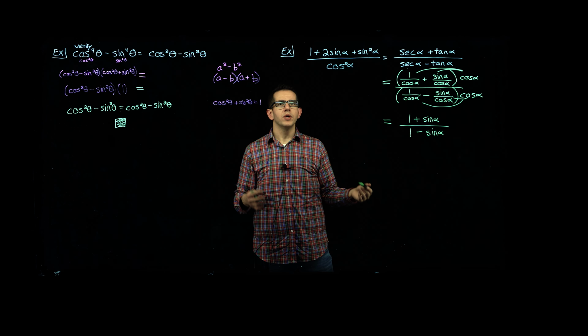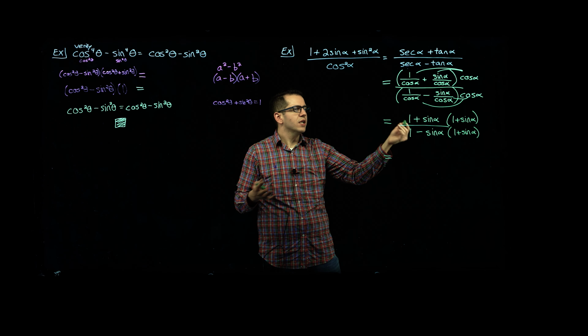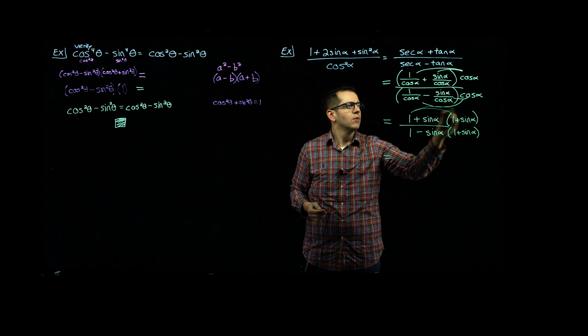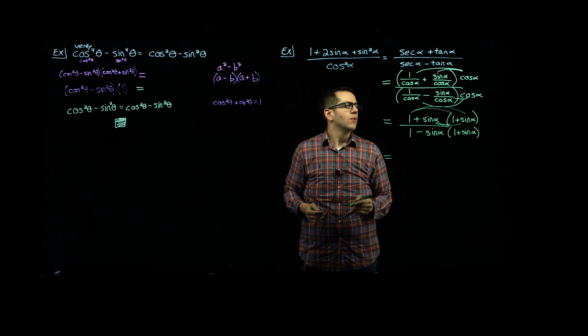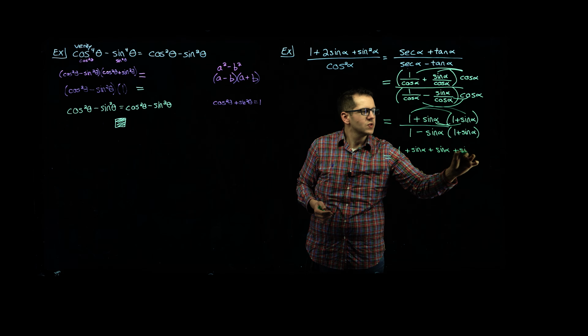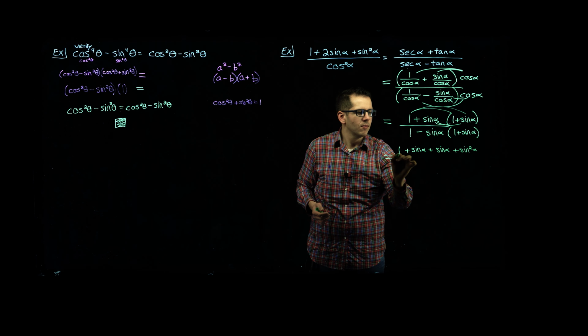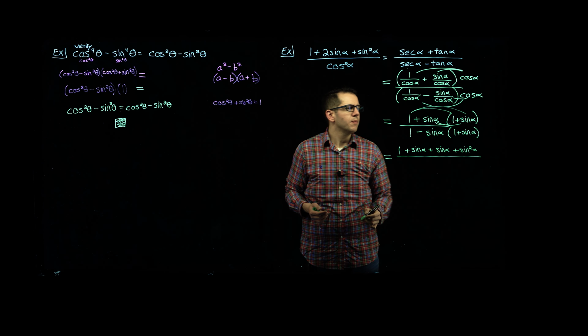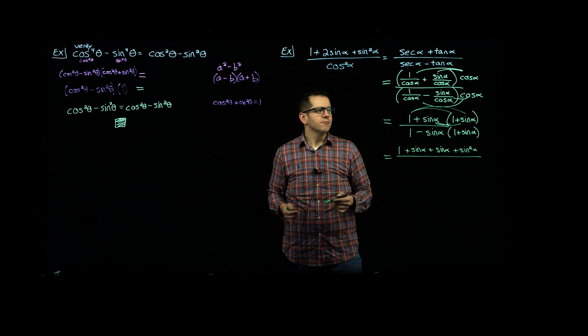When we do, in the numerator, we can distribute all this out, which gives us 1 times 1 is 1, plus 1 times sine of alpha is just sine of alpha, plus sine of alpha times 1 is sine of alpha again, plus sine of alpha times sine of alpha is sine squared alpha, over the denominator.